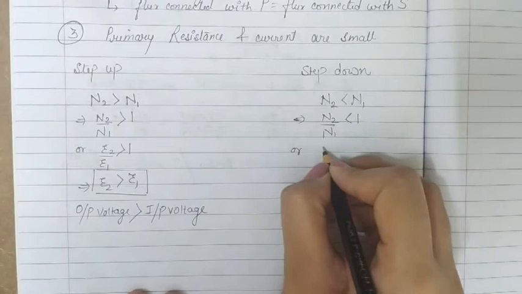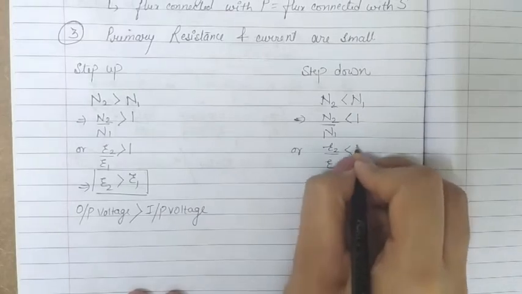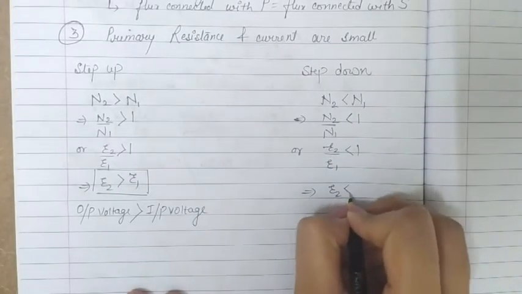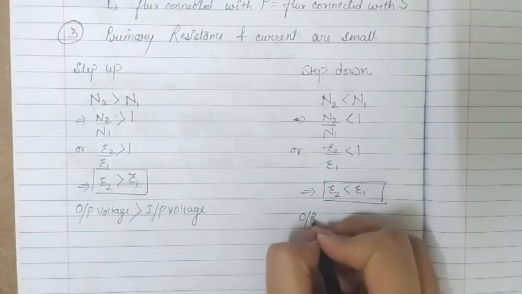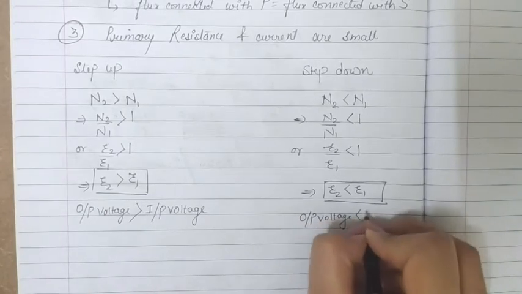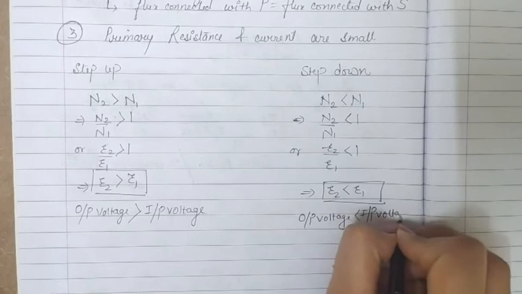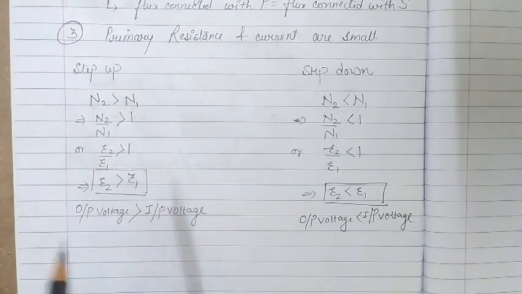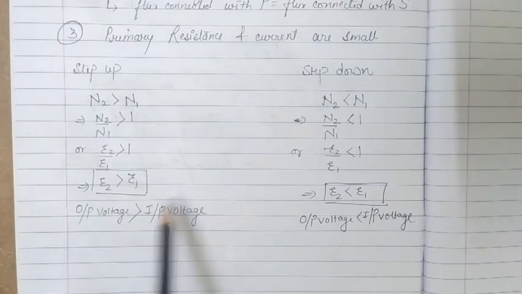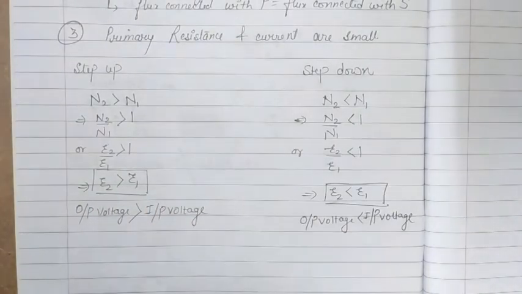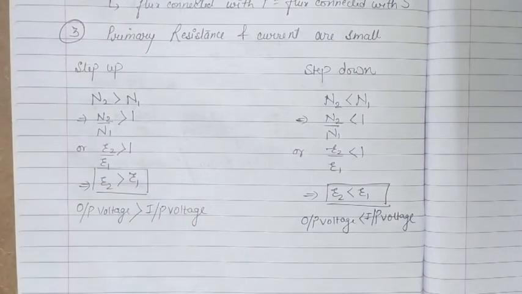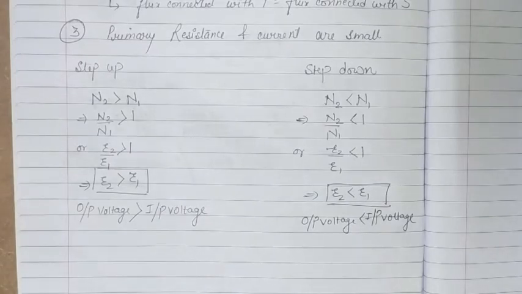Since N2 upon N1 is less than 1, epsilon 2 upon epsilon 1 is also less than 1, which implies epsilon 2 is less than epsilon 1, and this means that output voltage is less than input voltage. Hence, when we use a step up transformer we get increased voltage, and when we use a step down transformer we get reduced voltage. So we use it according to our need, whether we want to increase or decrease the voltage of the alternating current.